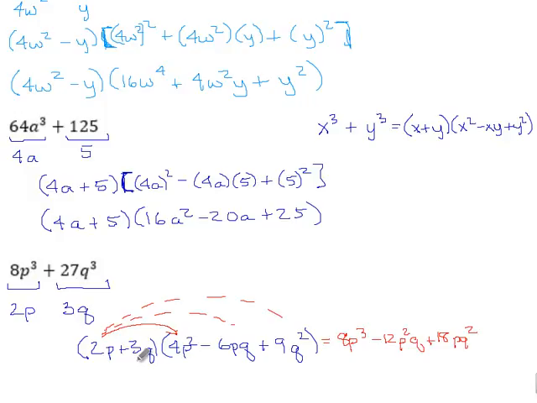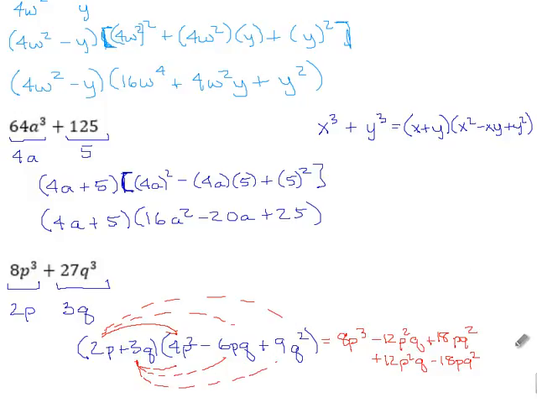Now we go back and do the 3q. 3q times 4p squared is 12p squared q. You may have noticed those are going to cancel. 3q times minus 6pq is minus 18pq squared. Another cancellation. It looks like this is working on some level.